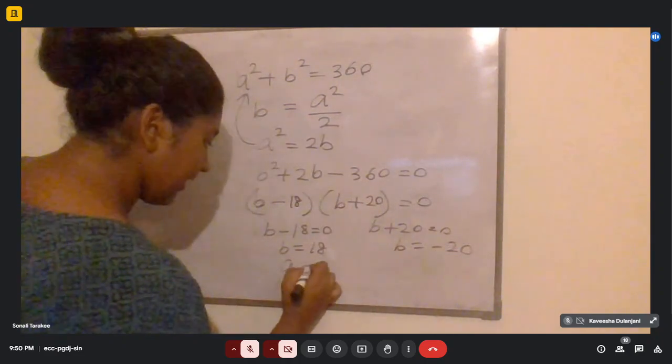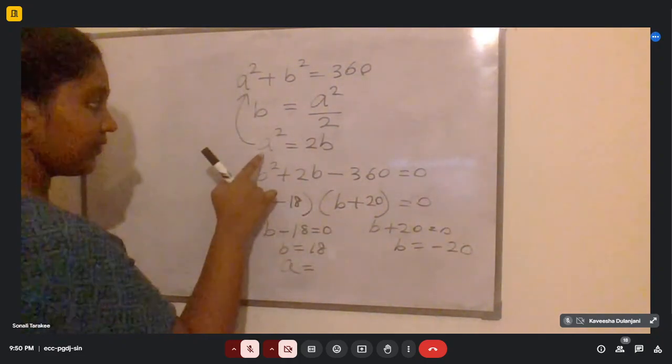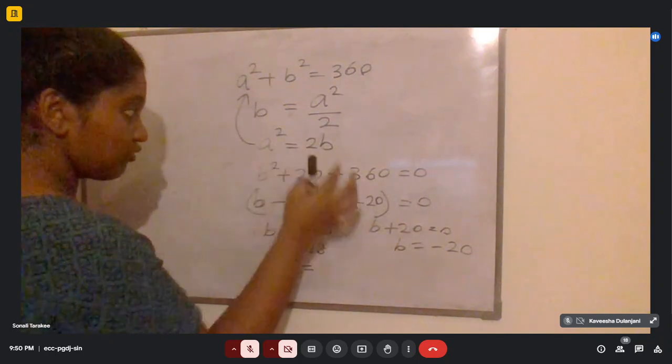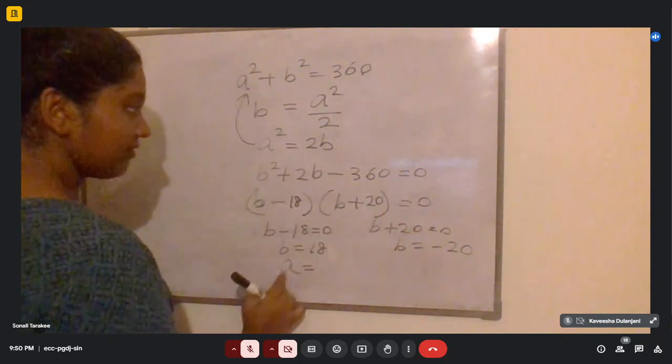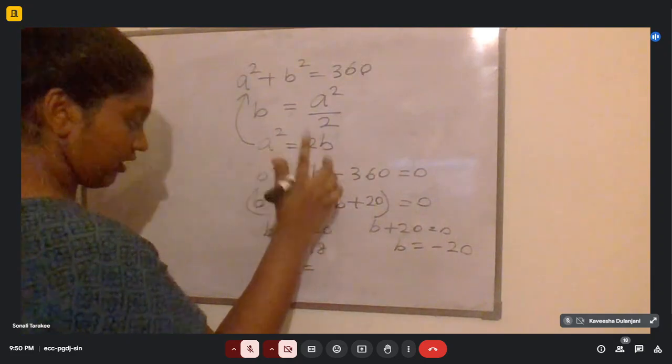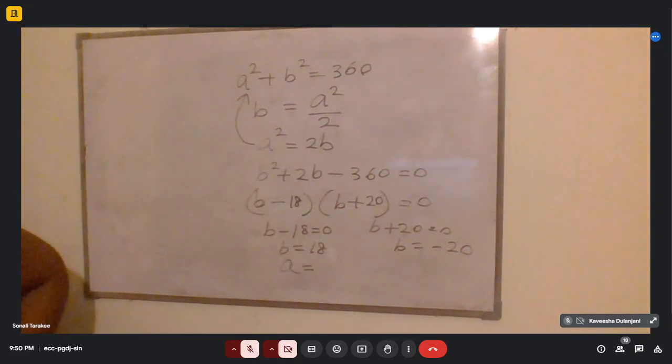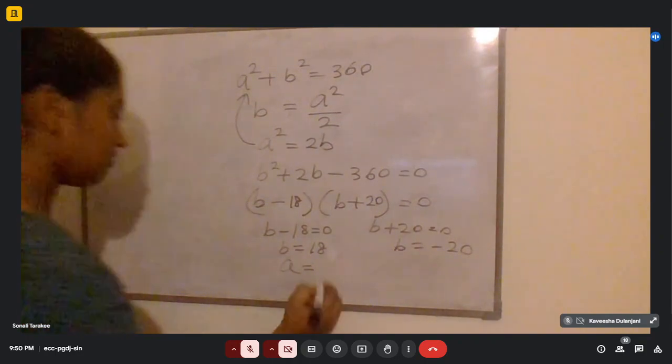Accordingly, you can write a equals, so here a squared equals 2b now. So a equals square root of 2b. That means square root of 36, which is 6.